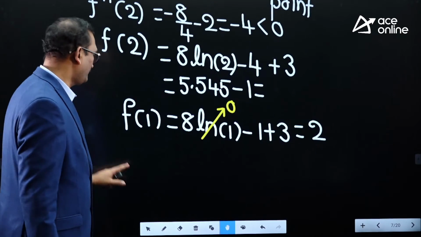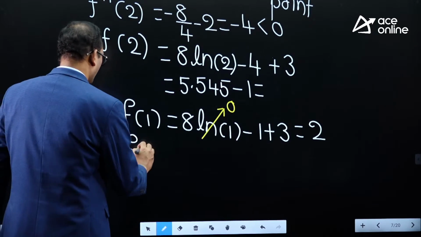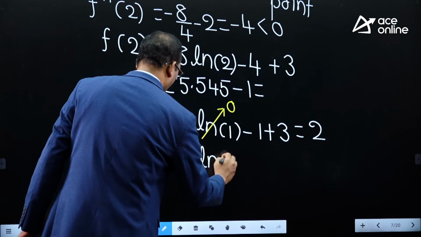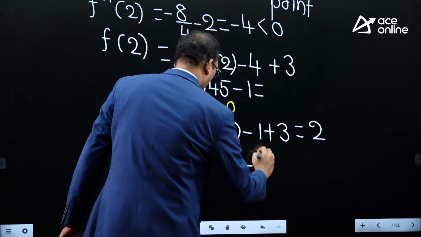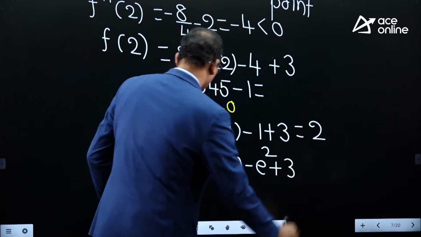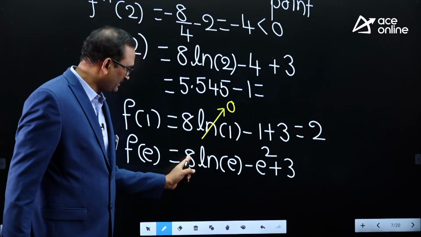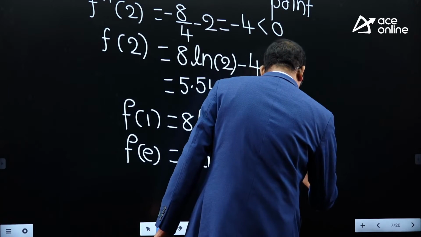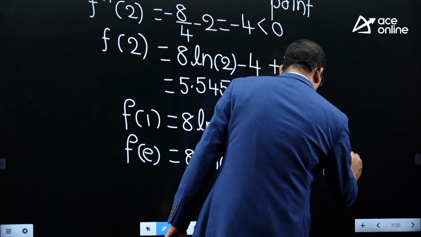Similarly, find f of e as well. So f of e equal to 8 times ln e minus e square plus 3. So ln e is 1, 8 into 1 is 8, 8 plus 3 is 11, 11 minus e square.